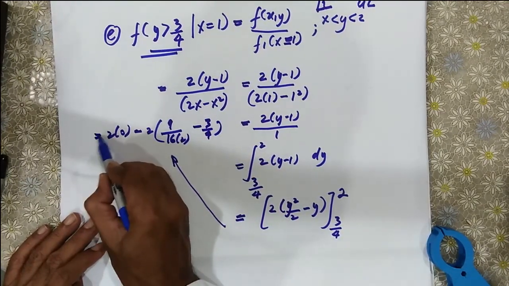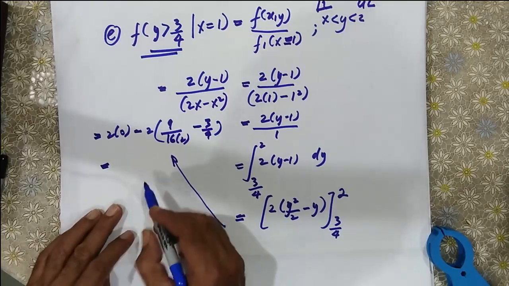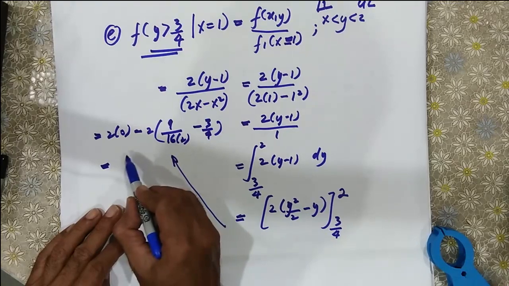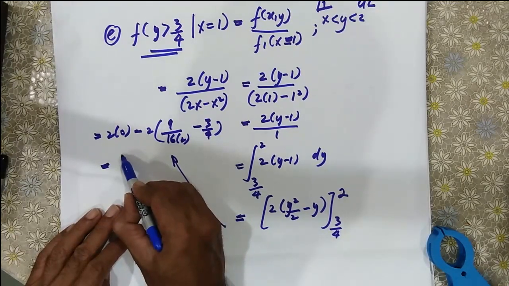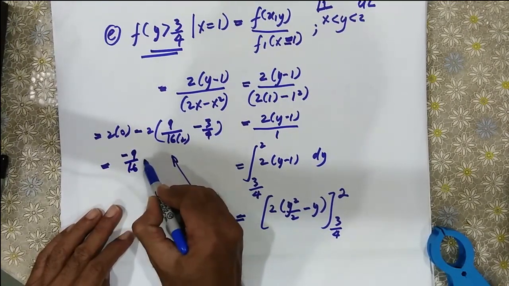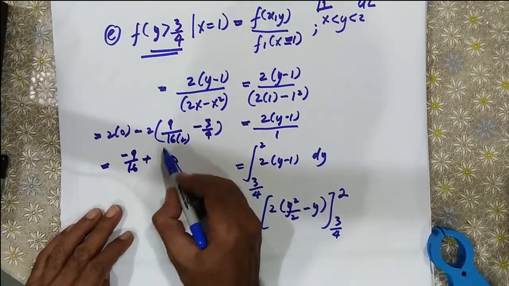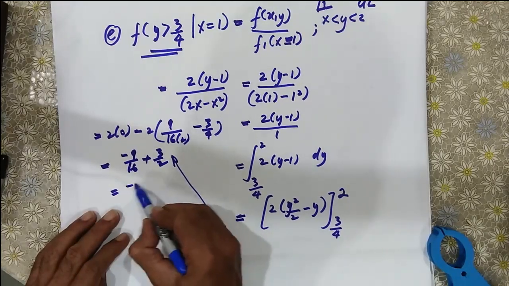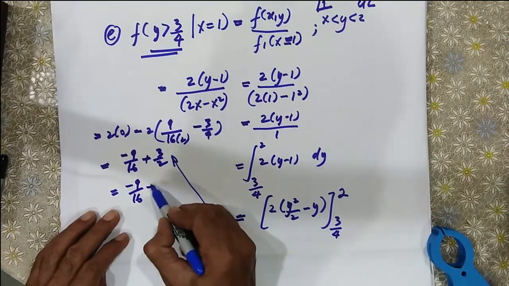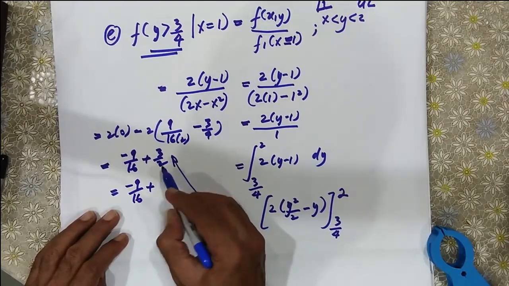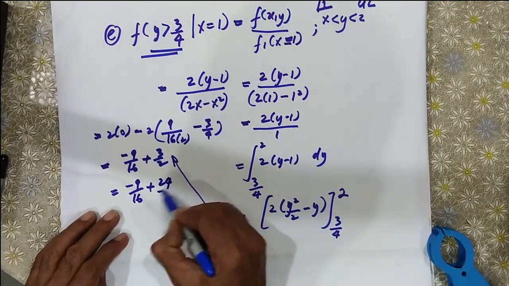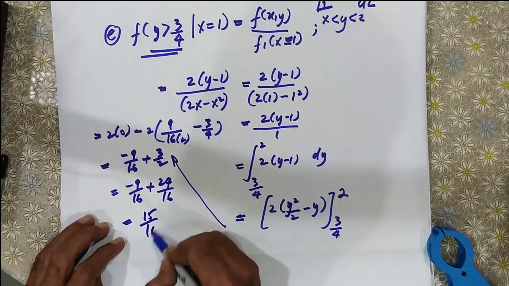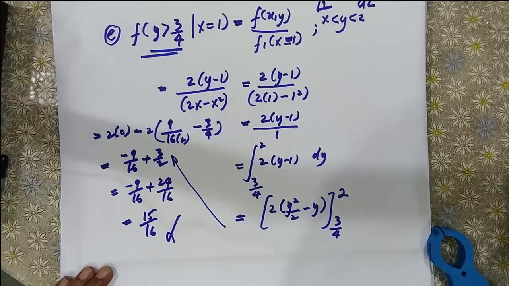If you multiply this out, you get negative 9 over 16 plus 3 over 2, which is 24 over 16. The final answer here is 15 over 16. This is the final answer for question E.